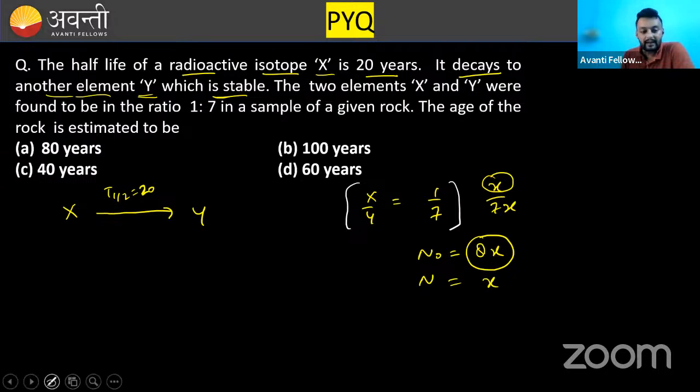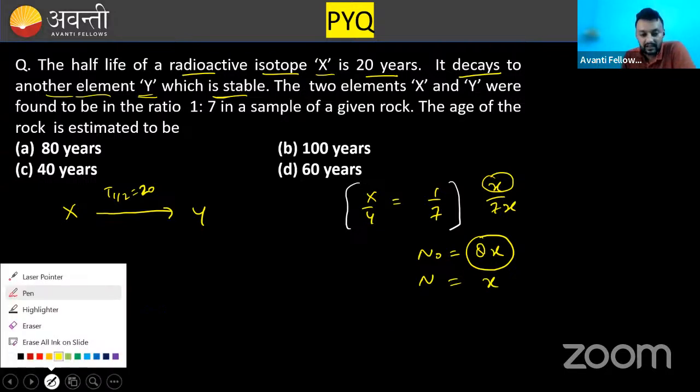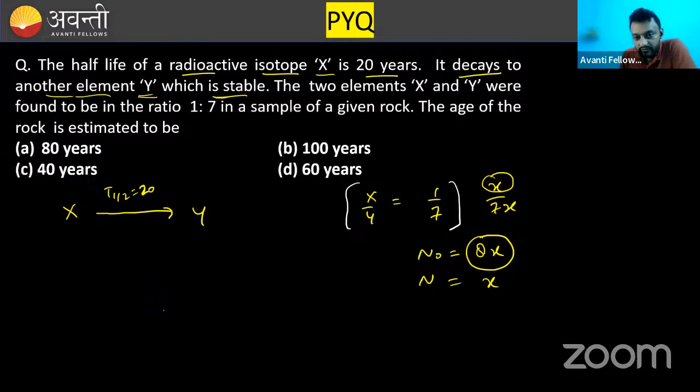I am not recommending this to you. What I am saying is, if the ratio of X over Y is 1/7, that means X has one portion out of a total 8 portions. So the value of X at time t, you know the formula, N is equal to N naught times 1/2 raised to the power n.